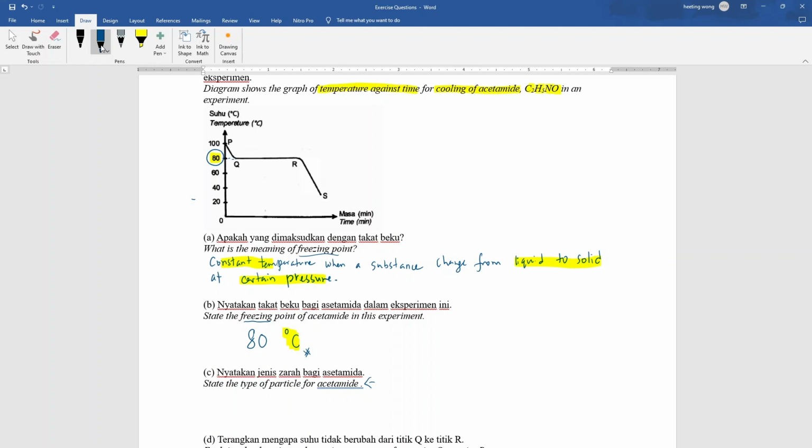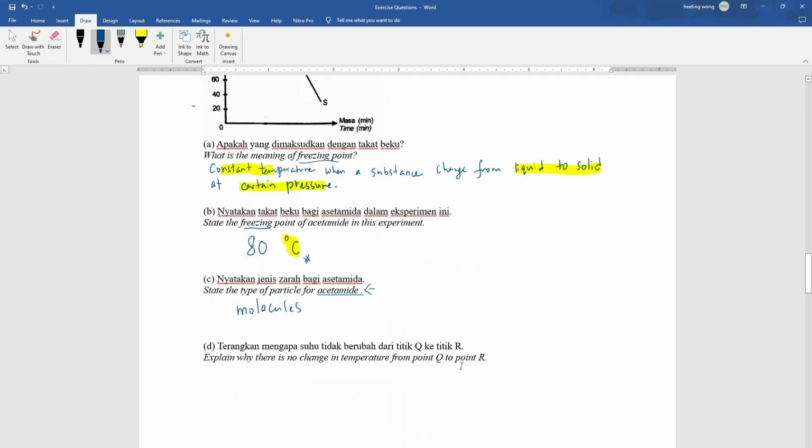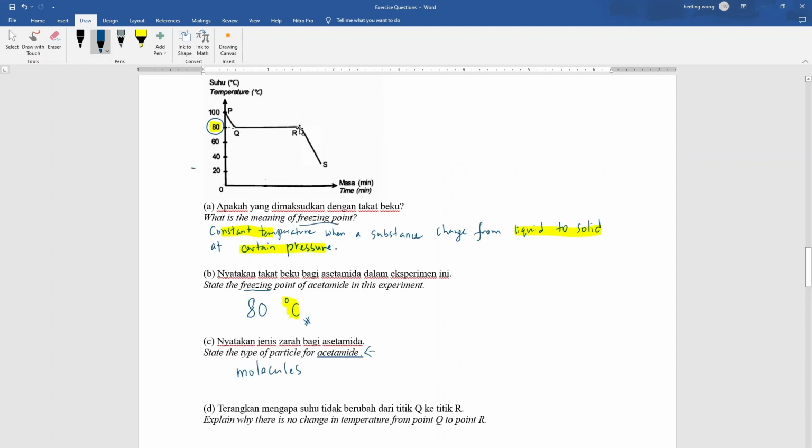Next, explain why there is no change in the temperature from P to Q, or Q to R here, meaning that during the freezing point, why the temperature remains constant.